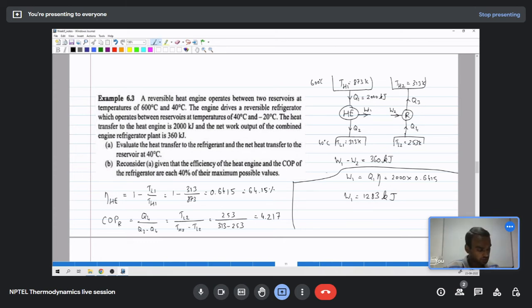And it was said that the net work output of the combined plant is 360 kilojoules. So that means W1 minus W2 is 360, which implies W2 is W1 minus 360 kilojoules, which is 1283 minus 360. So that is 923 kilojoules.